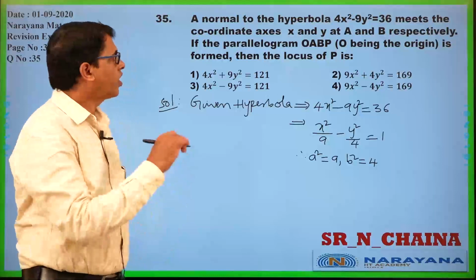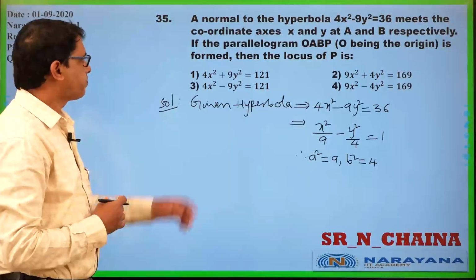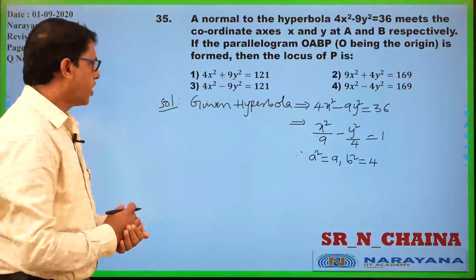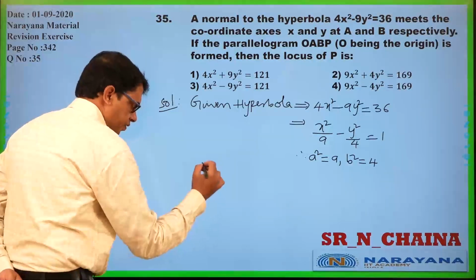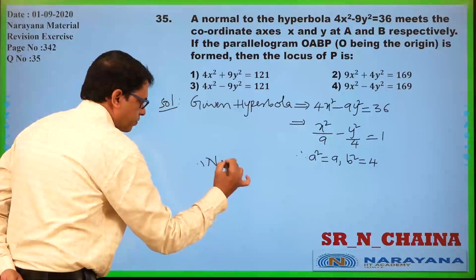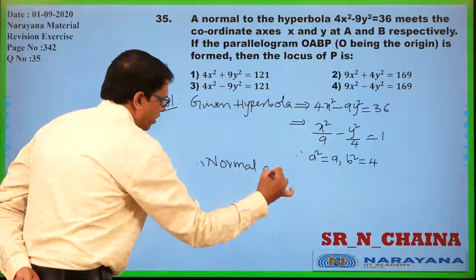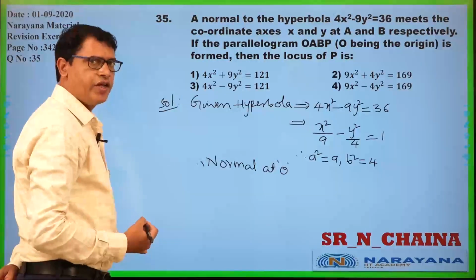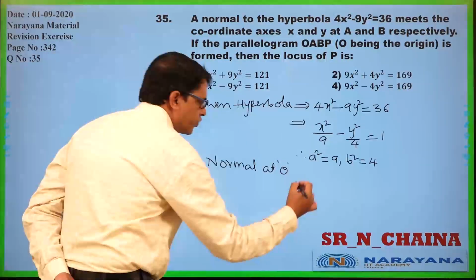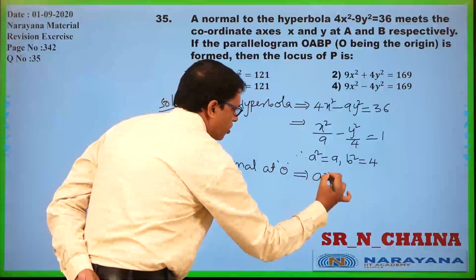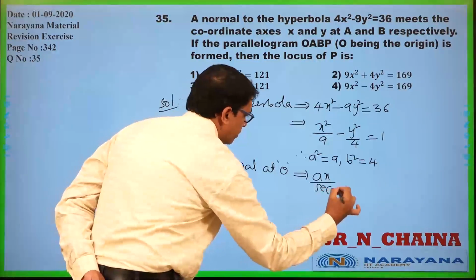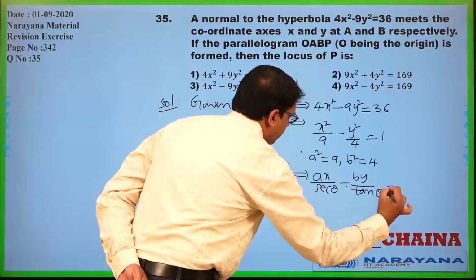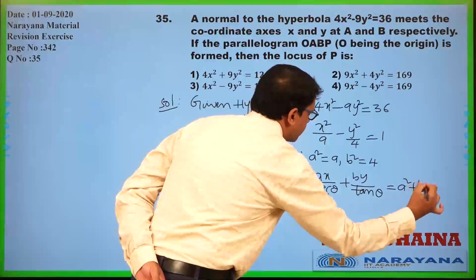Okay. Now again back to the question, what is required? Normal is required. So let us take the equation of normal. Therefore normal at say some theta, any point. So it is ax upon secant theta plus by upon tan theta equals a square plus b square.